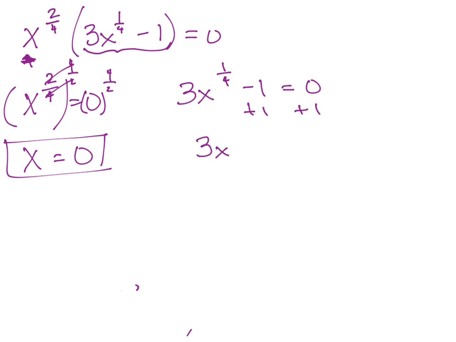So 3x to the 1/4 equals 1. Almost. Right now, this 1/4 is just a hat on x. It's not in an umbrella situation where I have to deal with that first. Divide by the 3, then we're going to raise it to the new power. So we have x to the 1/4 equal to 1/3.